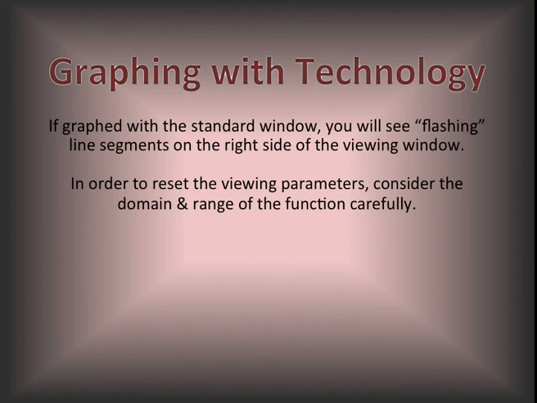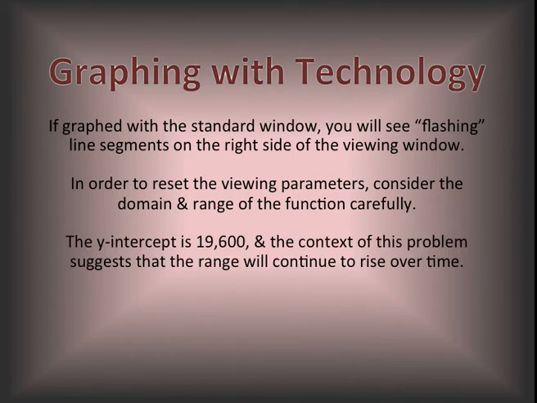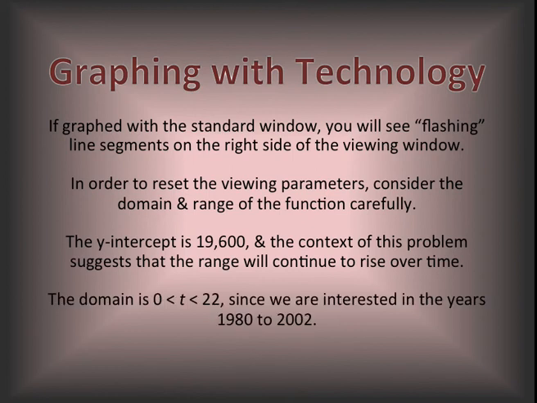In order to reset the viewing parameters, we should be thinking very carefully about the domain and the range of the function. Since the y-intercept is 19,600, and the context of this problem suggests that the range will continue to rise over time, we need to think about the y value as not being negative at all, but getting to be somewhat large.